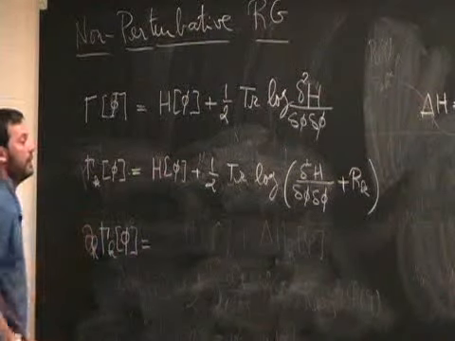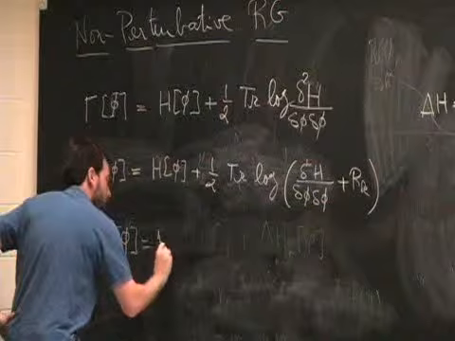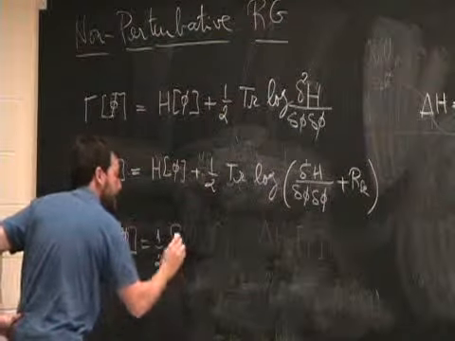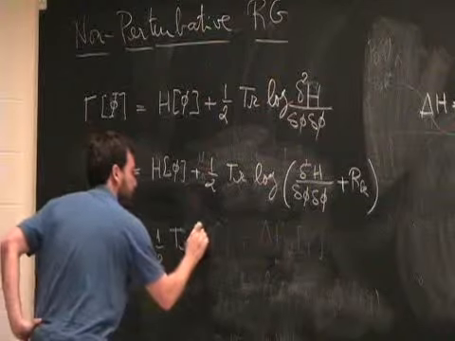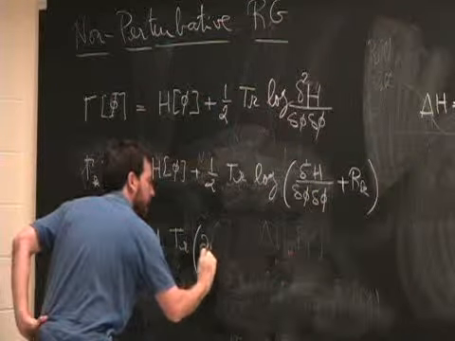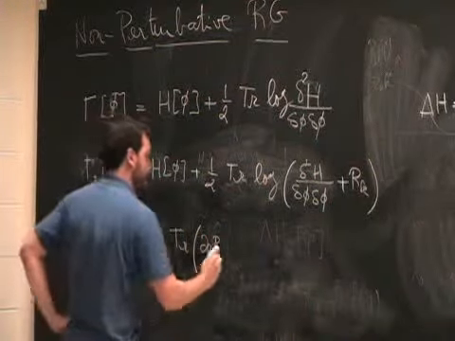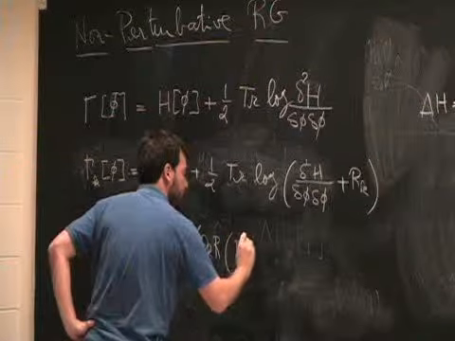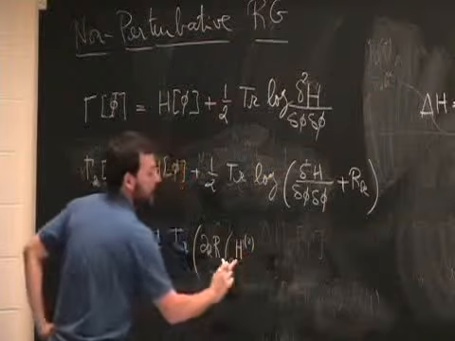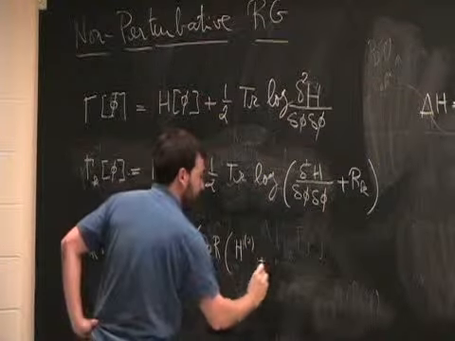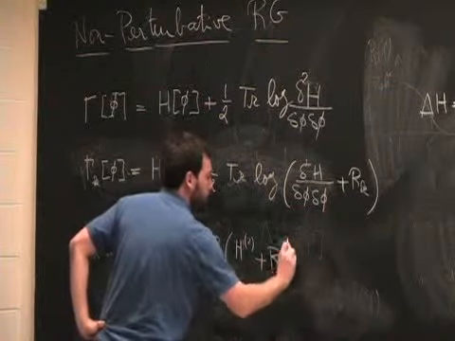Okay, this term does not depend on k, and the other term becomes the trace of dk r times gamma 2, well, h2 is an abbreviation for this second derivative matrix, minus 1.